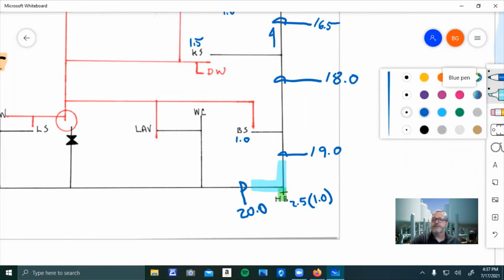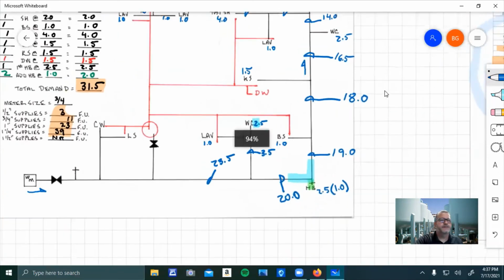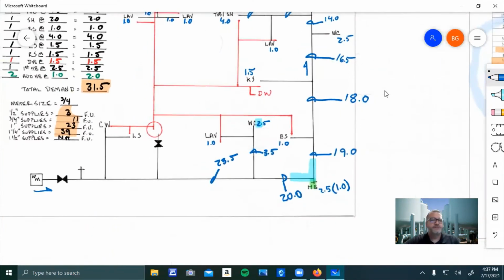And let's see, we are going to our next run. So we have a fixture unit value at the water closet of 2.5, and that's 1. So this part right here, that's 3.5, which makes this part right here 23.5. 23.5 fixture units puts me at 1.25 inches.